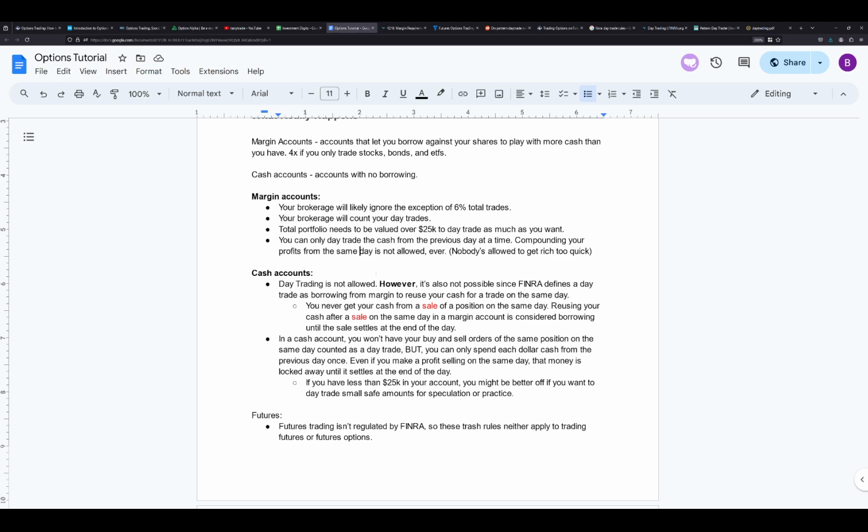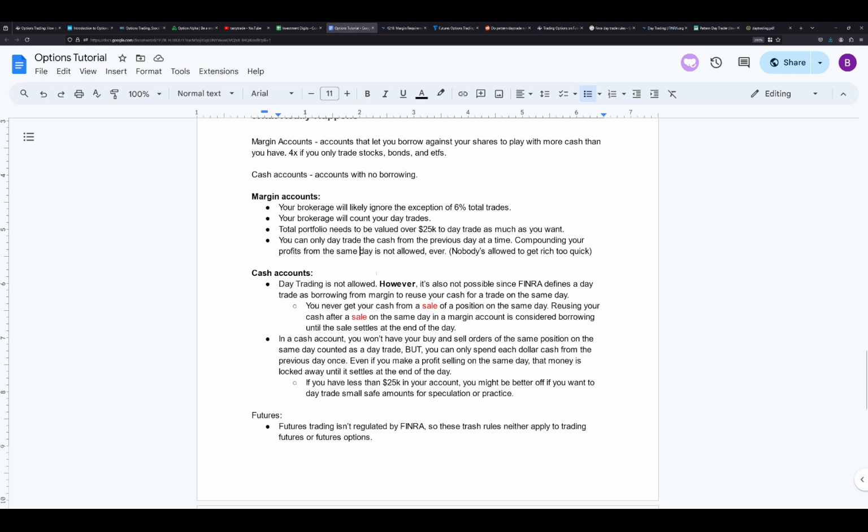Even though you've got a margin account that accounts for borrowing money, they're going to give you crap. And in the case of most brokerages, like the one I use, not tastytrade but TradeStation, they're going to stop you from being able to use that money that you haven't settled yet, as in being able to day trade it specifically.